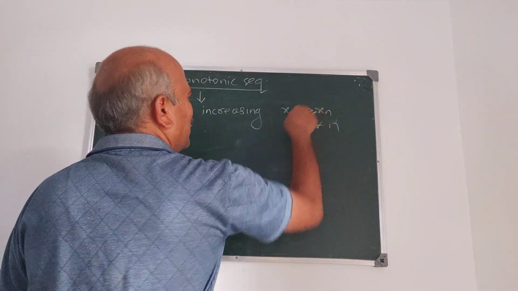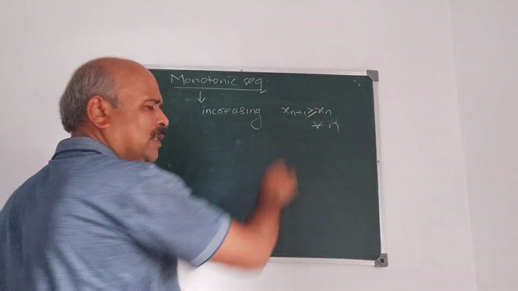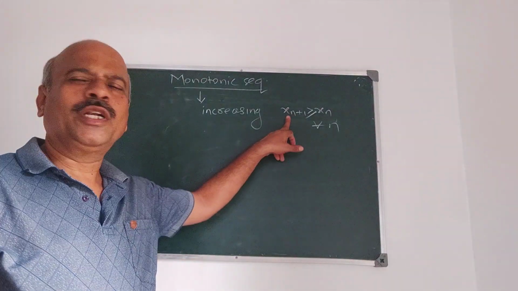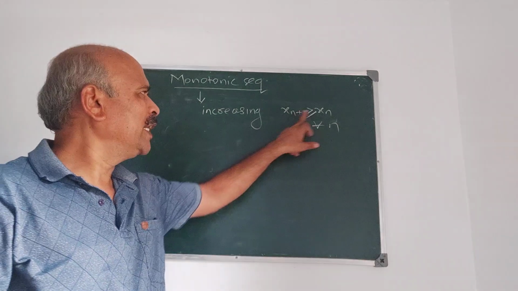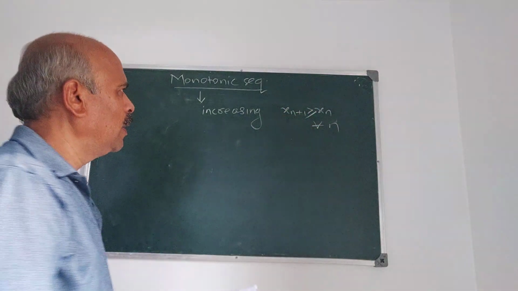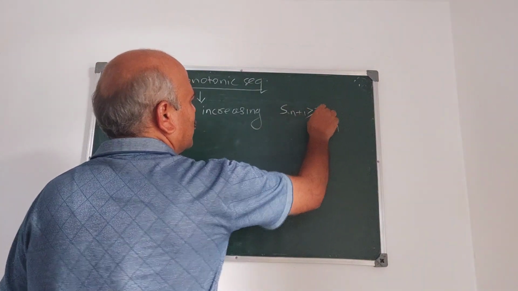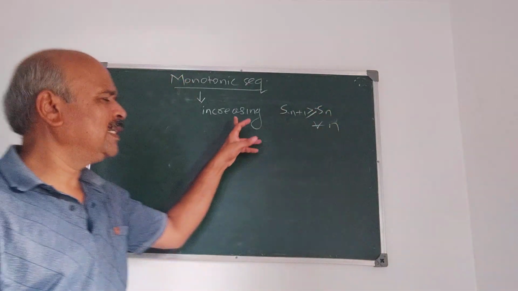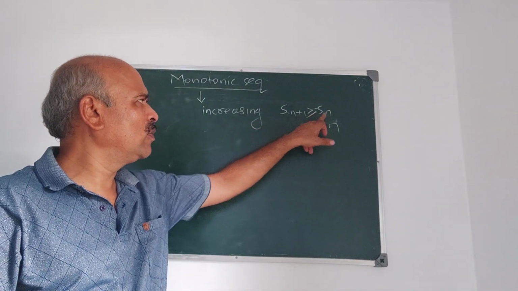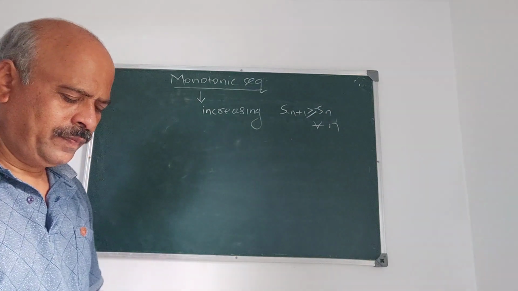I have already told you in the beginning that different notations may be used. I may use xn or sn or un, and so on. Now in the notes I have used sn, so I use this. A sequence sn is said to be monotonically increasing if sn plus 1 is greater than or equal to sn for all n.